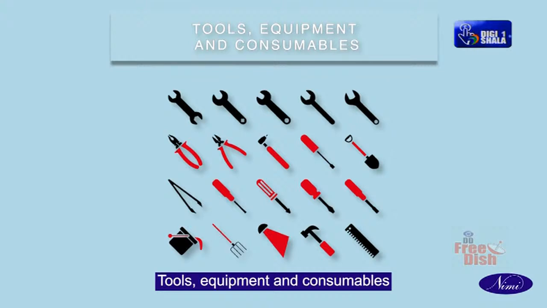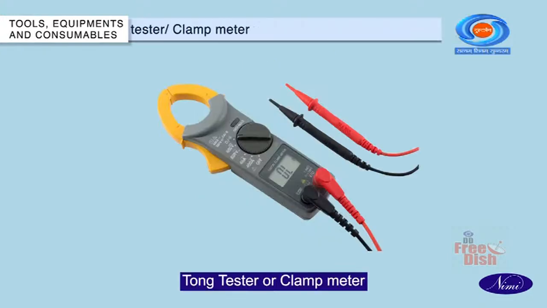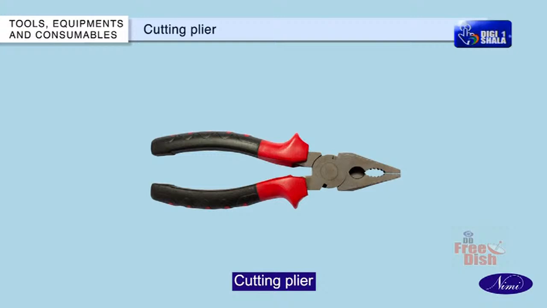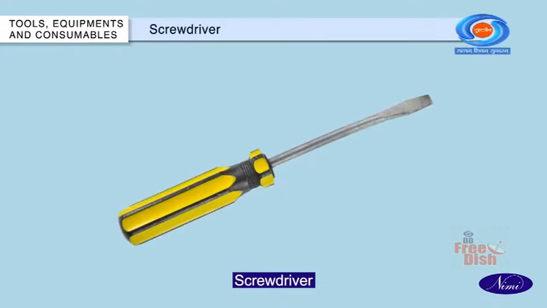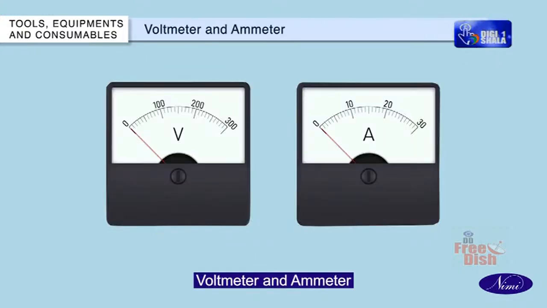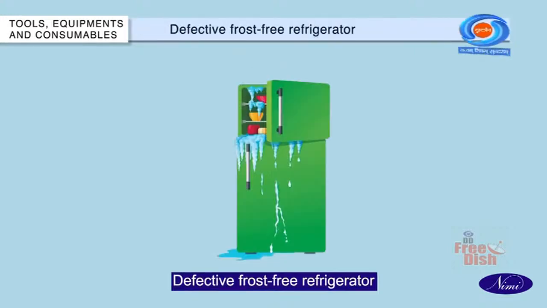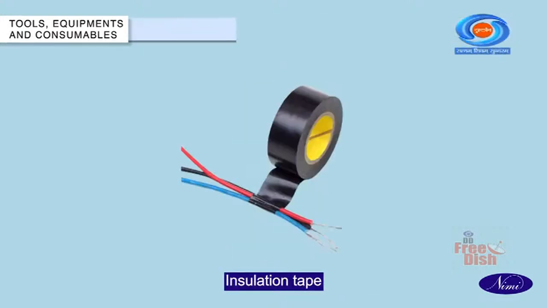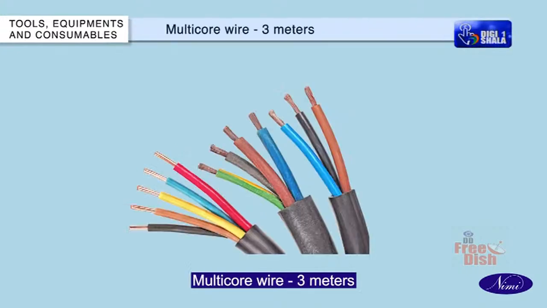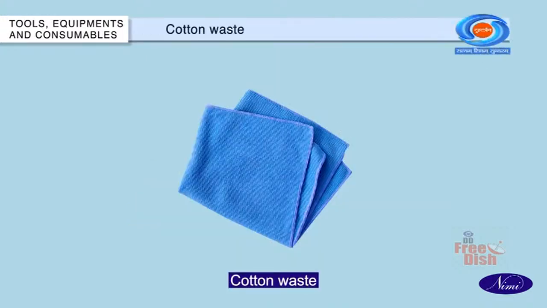Tools, equipment, and consumables: trainee's tool kit, tong tester or clamp meter, cutting plier, screwdriver, test lamp, voltmeter and ammeter, knife, defective frost-free refrigerator, insulation tape, multi-core wire 3 meters, wire clip, cotton waste.